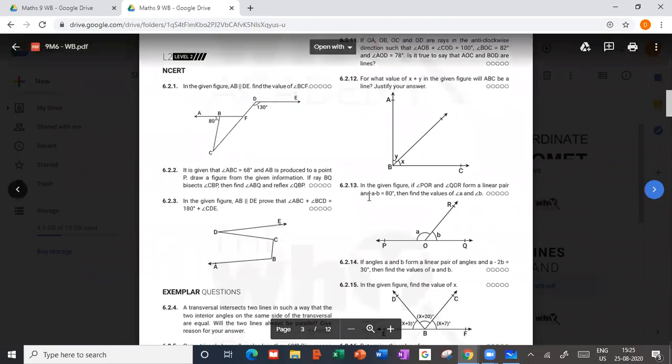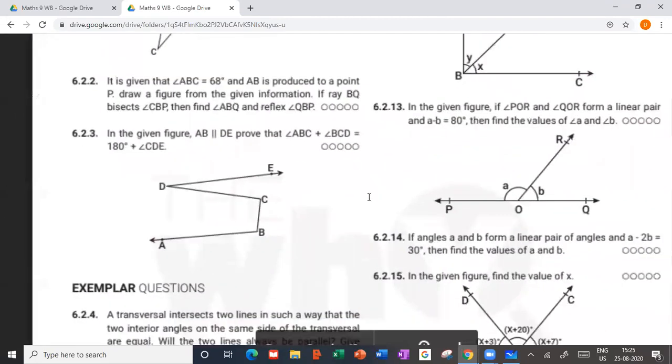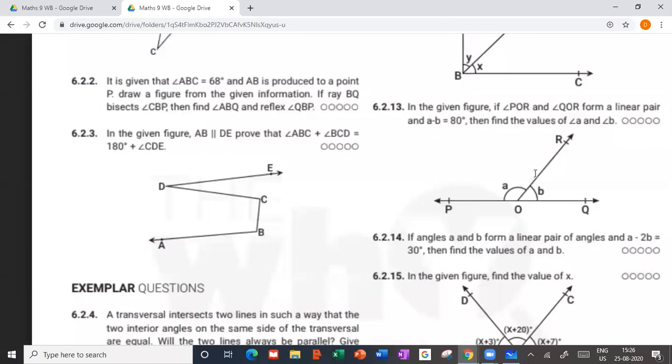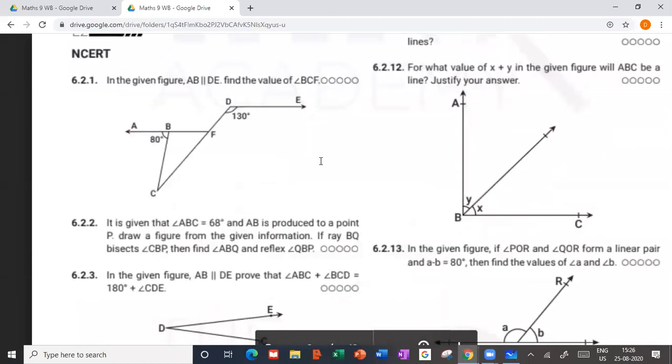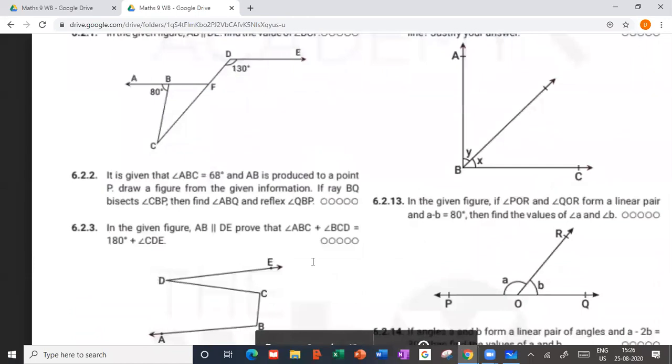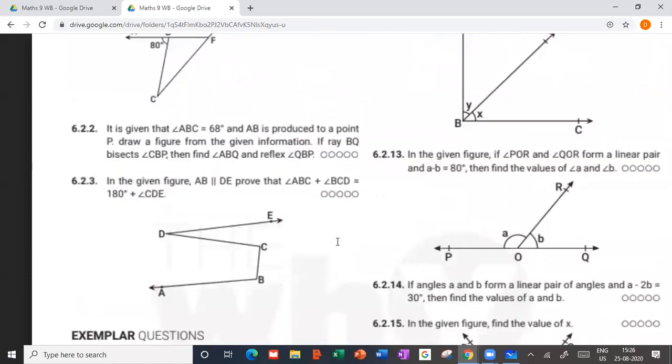Okay, level 2, third one. Oh, this is interesting. We didn't do this question last class. Ma'am, I figured out we had to draw a line parallel to DE through point C, but I did not get how to go ahead after that.